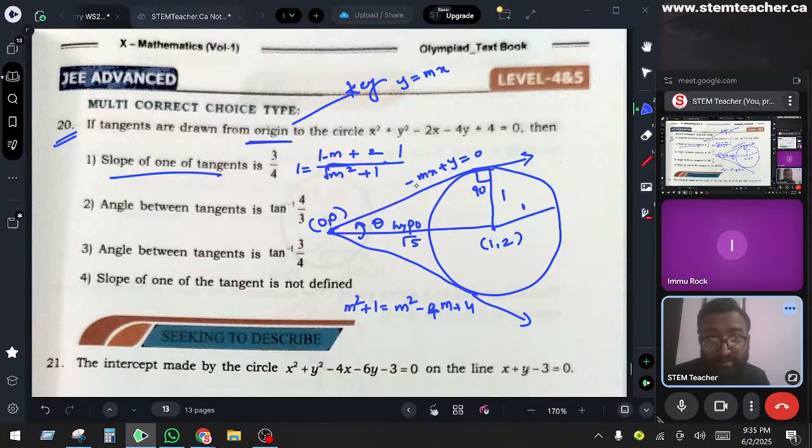Again I am doing m plus 2, m minus m plus 2 whole square plus 4m. It's gone. Okay, now has the answer come?